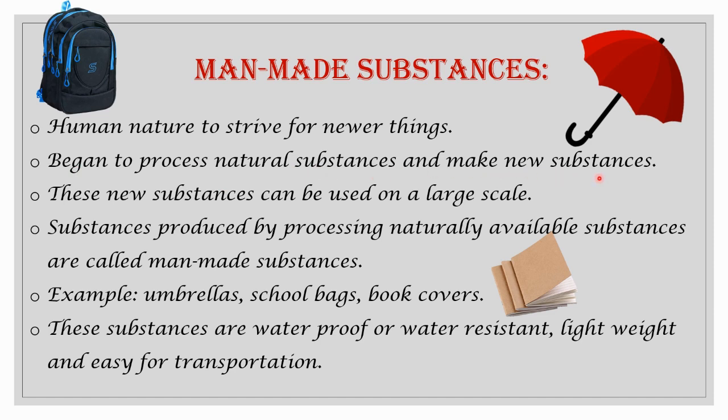Several such substances are easier to use and can be made available in plenty at a low cost. Therefore, these substances can be used on a large scale. And there are a great many such man-made substances which we use today. So, we can say that substances produced by processing naturally available substances are called man-made substances.